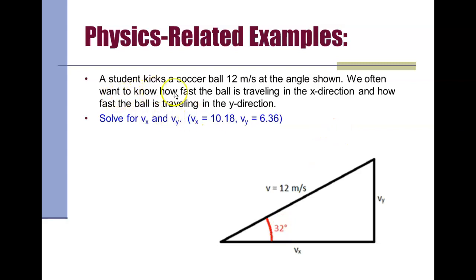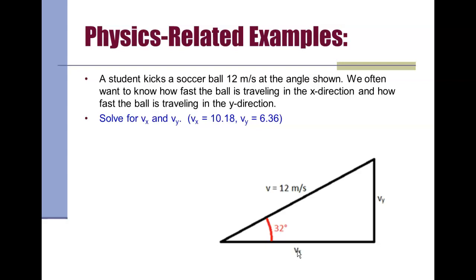And it says we often want to know how fast the ball is traveling in the x direction and how fast the ball is traveling in the y direction. I know it's going 12 like this, but sometimes I need to know how fast it's going in just the x.